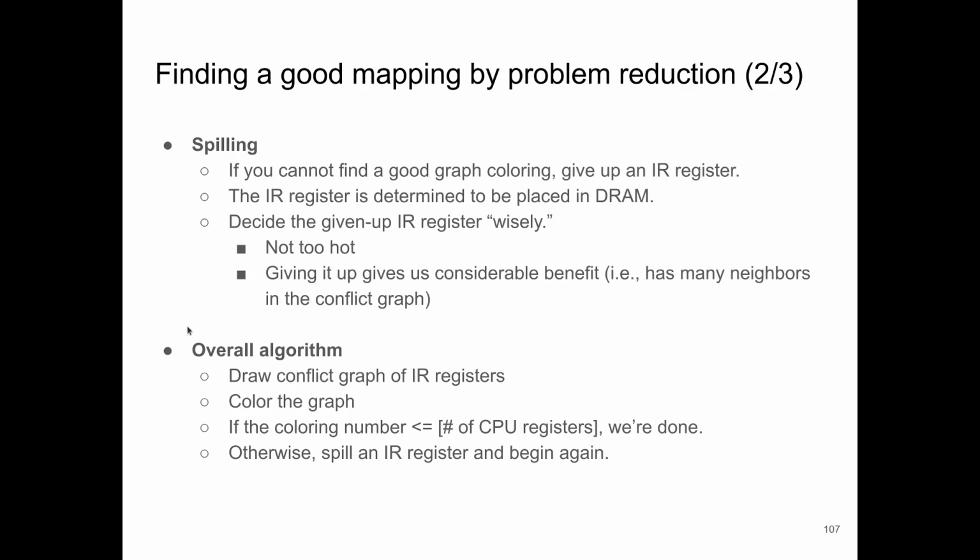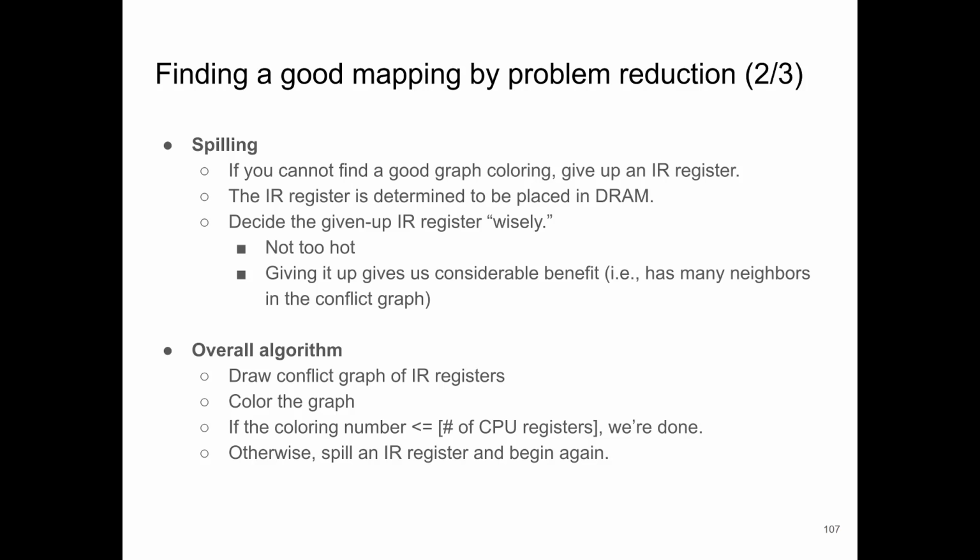But from time to time, we cannot find such a good graph coloring. If there are so many IR registers and they are overlapping with each other very much, then the coloring number should be much higher than the number of CPU registers. If that happens, we need to somehow give up an IR register, and we don't try to map that IR register into CPU registers.